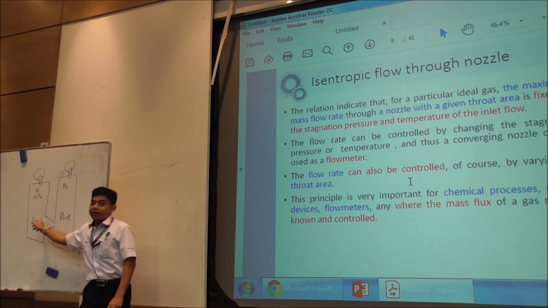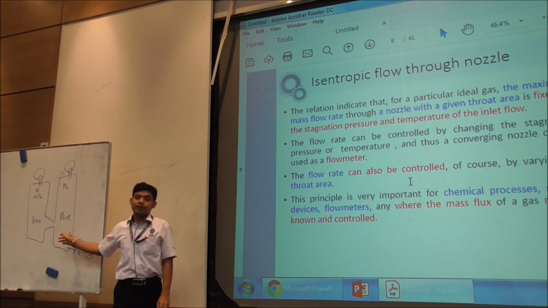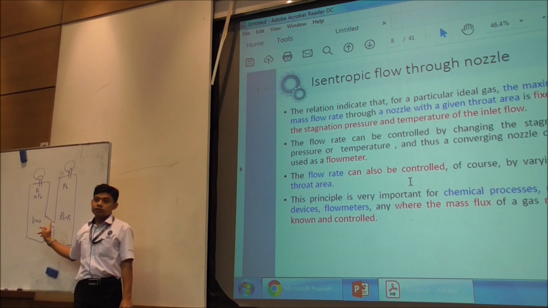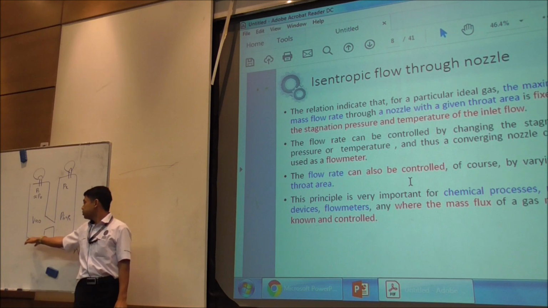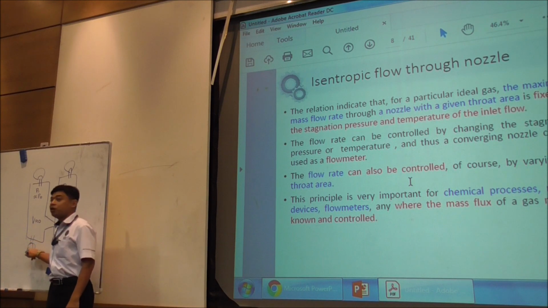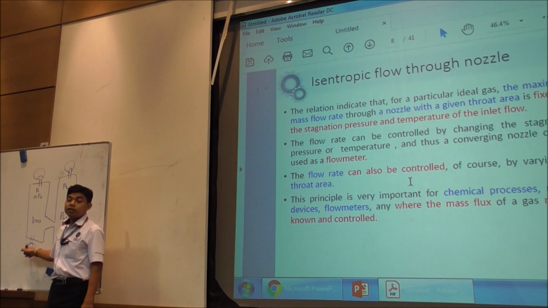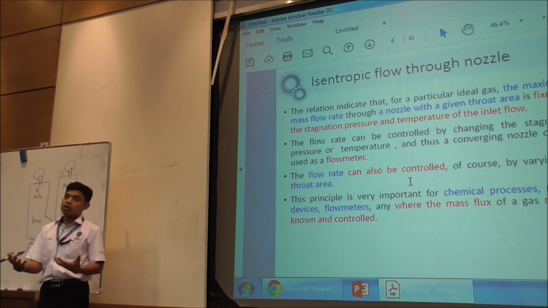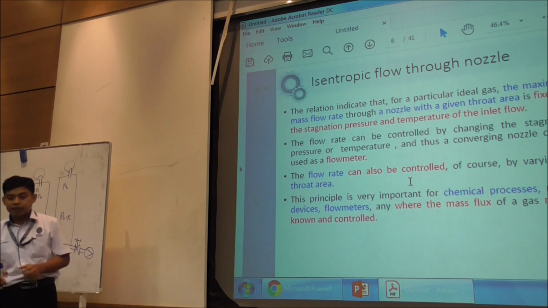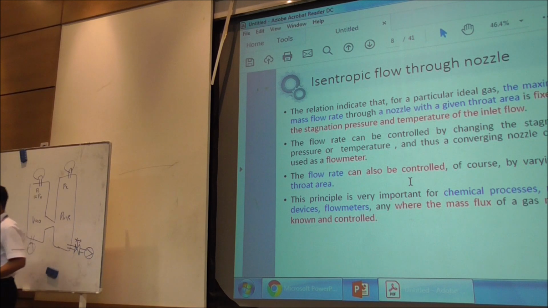This is the export tank, this is the import tank. So you can control it that way, which means you can determine how big a compressor needs to be installed if you want to deliver a certain amount of gas. So that's the importance of fluid mechanics in pipelines.